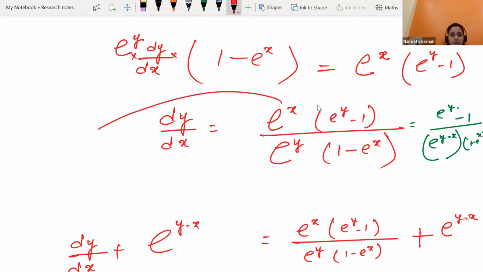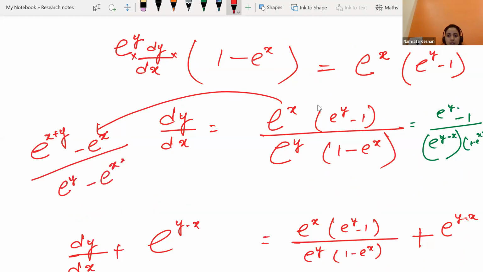So we are getting e to the power x plus 1 minus e to the power x, and here we are getting e to the power y minus e to the power x plus 1. Right, Fatima? Right?